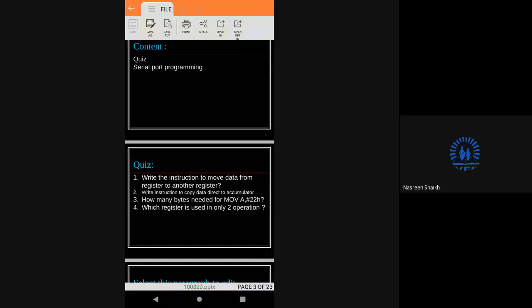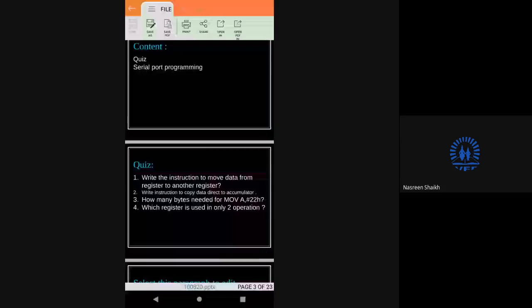These are the simplest instructions, and if you get the meaning and use of how to write them, then what we are going to learn today you will easily adopt. Third question: how many bytes are needed for the instruction MOV A, #22H?